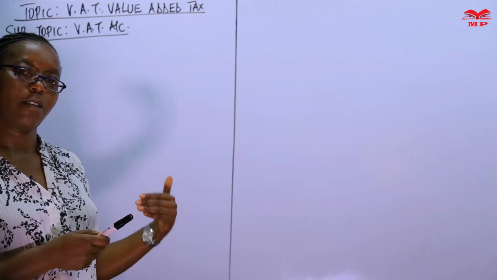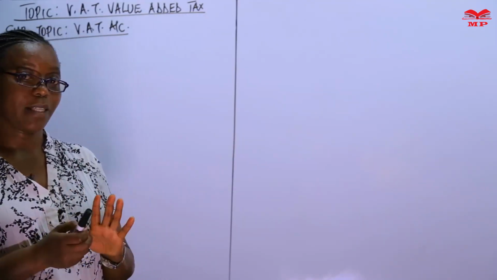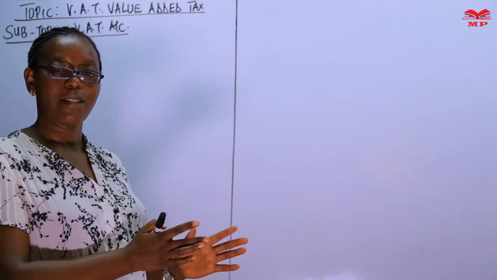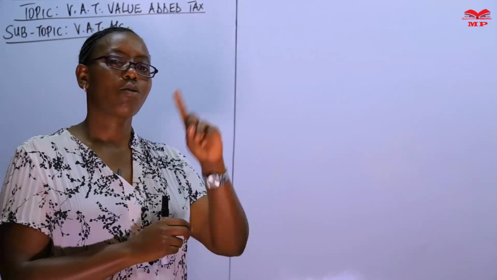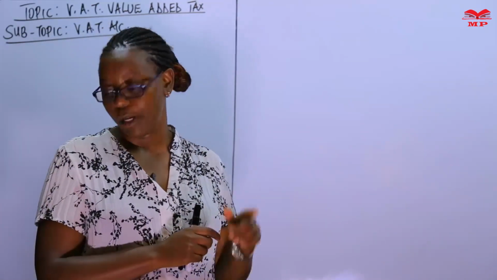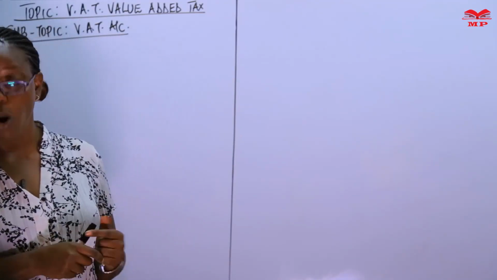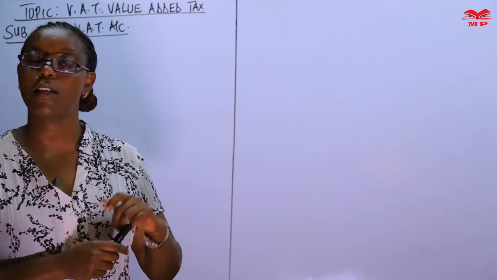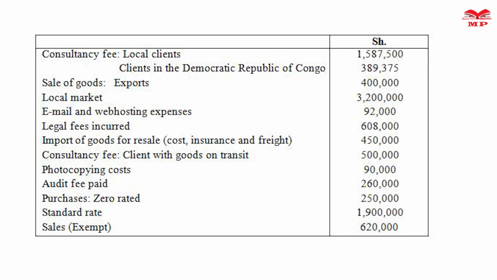We said that if a supply is zero-rated, it means that once you make that supply, you charge VAT, but the rate you're applying is 0%. So 0 times any figure is 0. Where we have clients in the Democratic Republic of Congo, we shall charge VAT at 0%, and that will amount to 0. Sale of goods, exports, again 0% because exports are zero-rated, and local market 3.2 million.